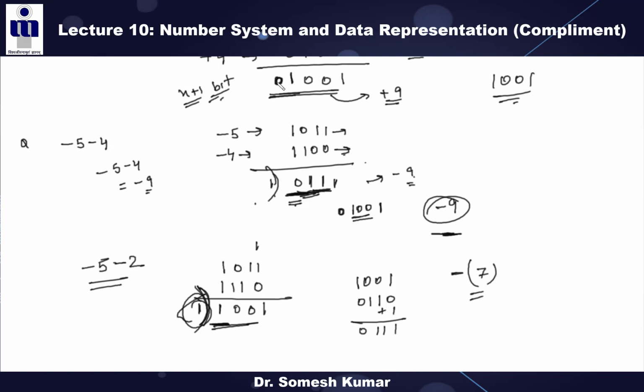But in this case, minus 5 minus 4, if we are forgetting this 1, then can I say this is a negative number? No. You have to say it like this: this is plus 1, 2, 4, 7. Understand my point? In this way, we can say there is an overflow condition. Right?